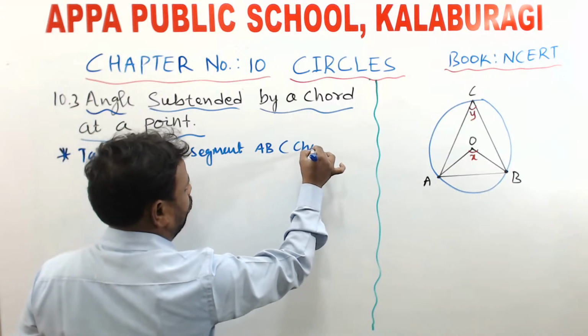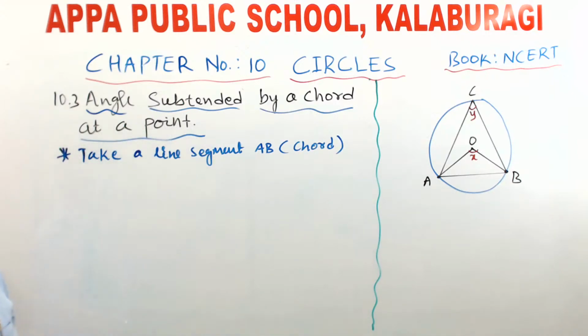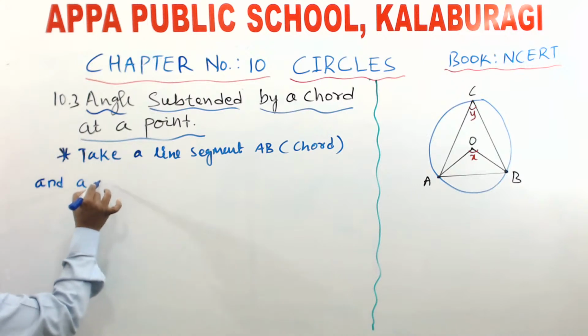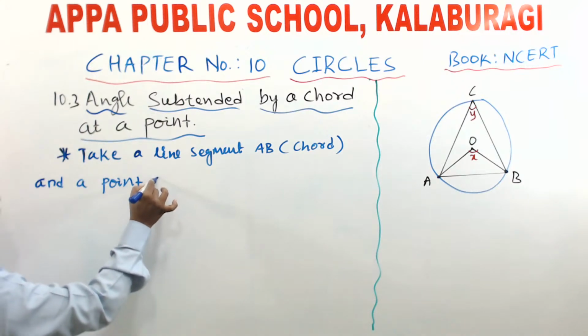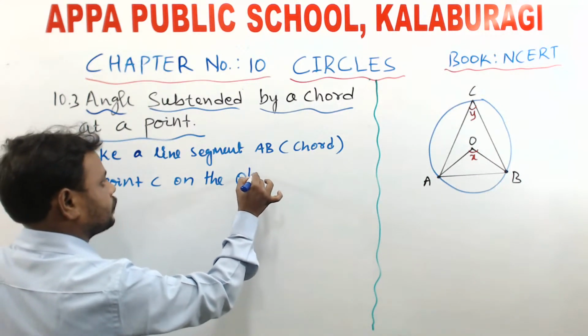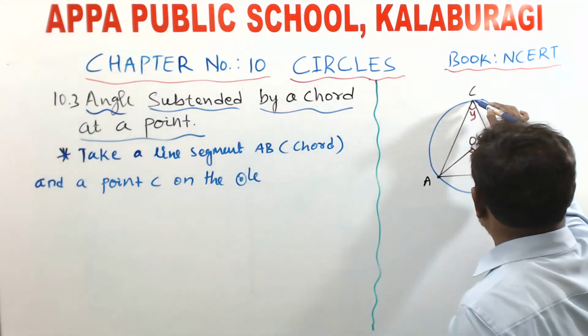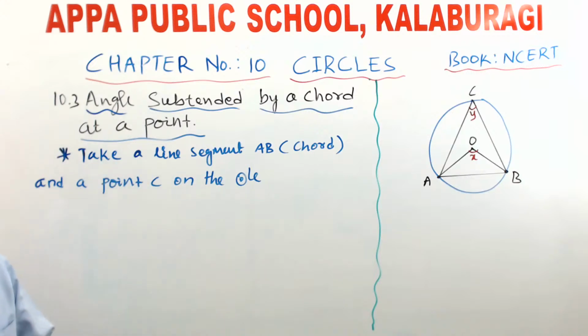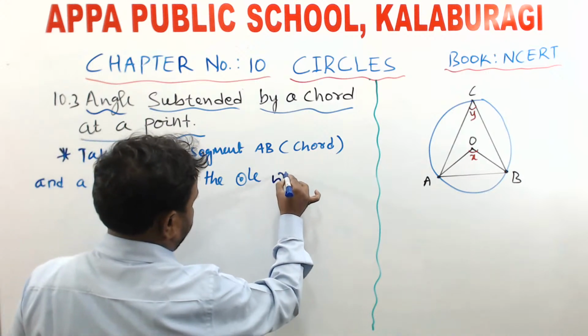In brackets, you can call it a chord, chord AB, because it has two end points, and a point C on the circle. Can you see here? Point C on the circle. So I have written it exactly on the circle, the circle with center O.